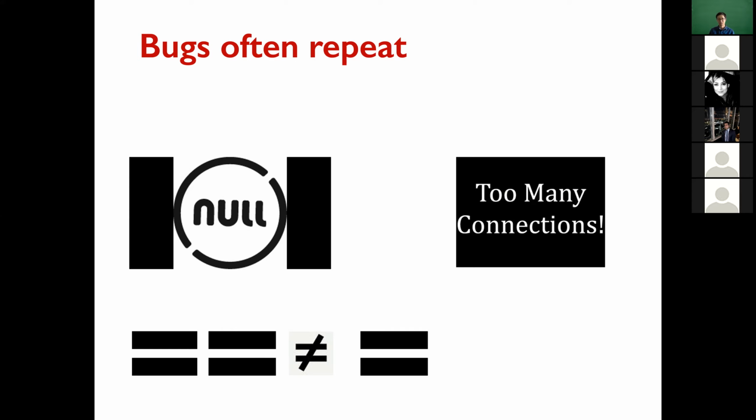This is another pattern. There are many different patterns. These are common mistakes that people may make when writing their source code, right? Because bugs often repeat, we may use some automated tools to help find such repeating patterns. Okay.